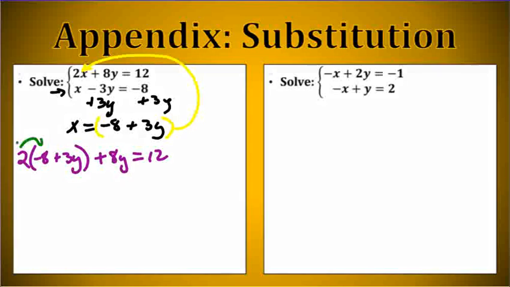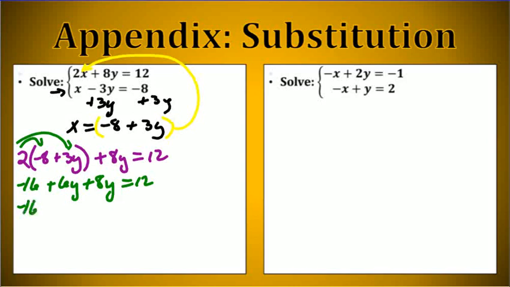So I distribute the 2, so I have -16 plus 6y plus 8y equals 12. Combine like terms, I have -16 plus 14y equals 12. To get 14y by itself, I subtract 16 on both sides.